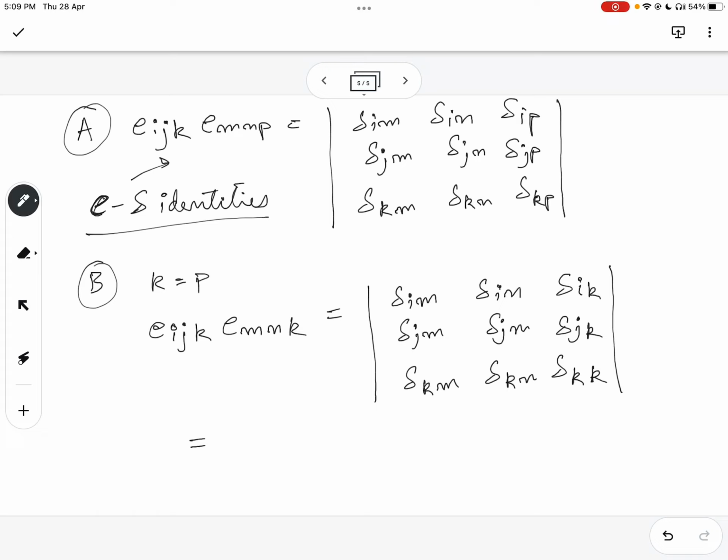What do we get when we expand it in terms of the expression of the determinant?